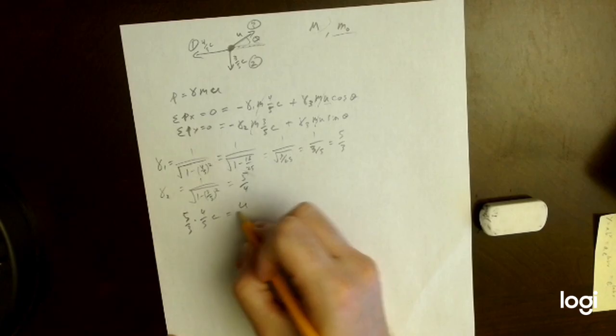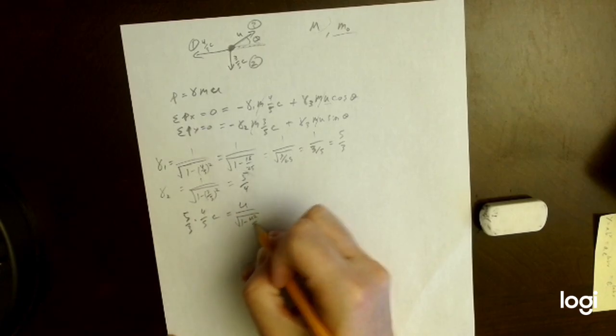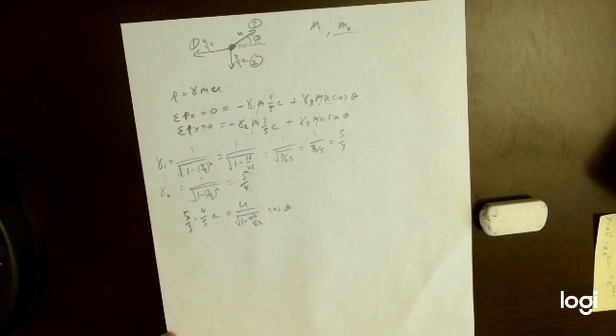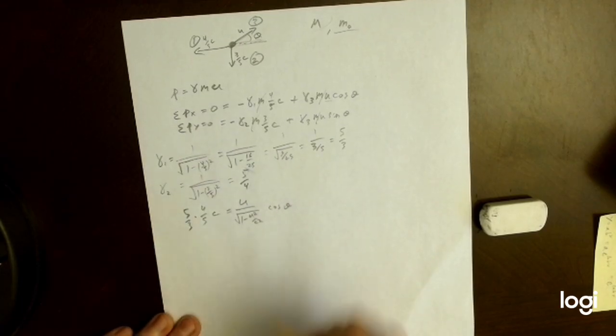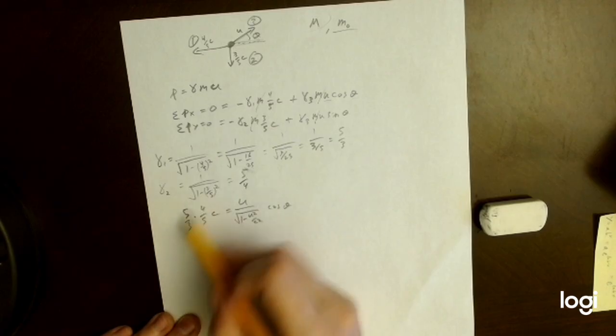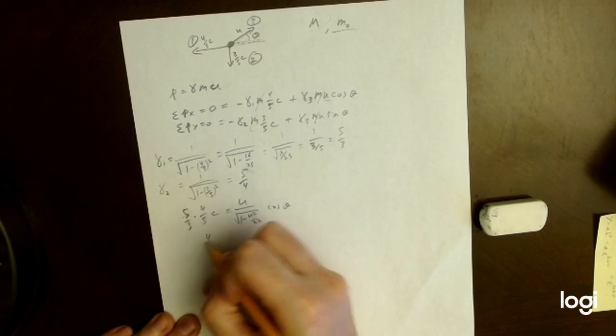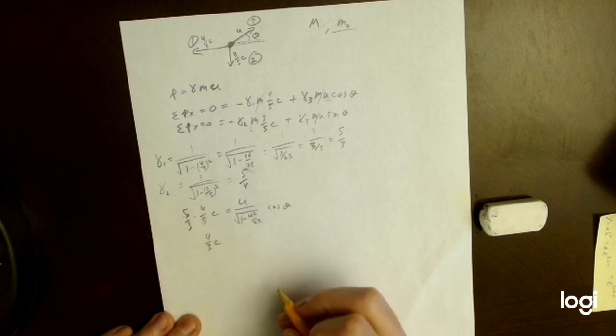So u times gamma 3 would be u over square root of 1 minus u squared over c squared times a cosine theta thing. And on this left-hand side, we can cancel the 5's, and we just get 4/3 c.